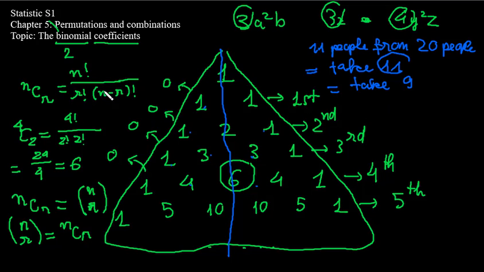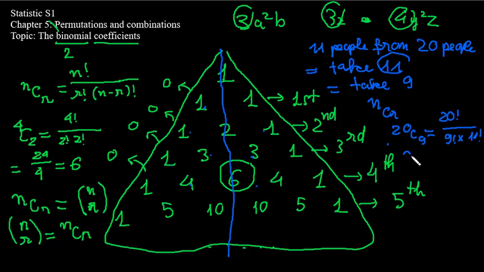Let me write it down in this equation. nCr: we have 20C9. From 20 we choose 9 people that we don't want to use: 20 factorial over 9 factorial multiplied by 20 minus 9, which is 11 factorial.